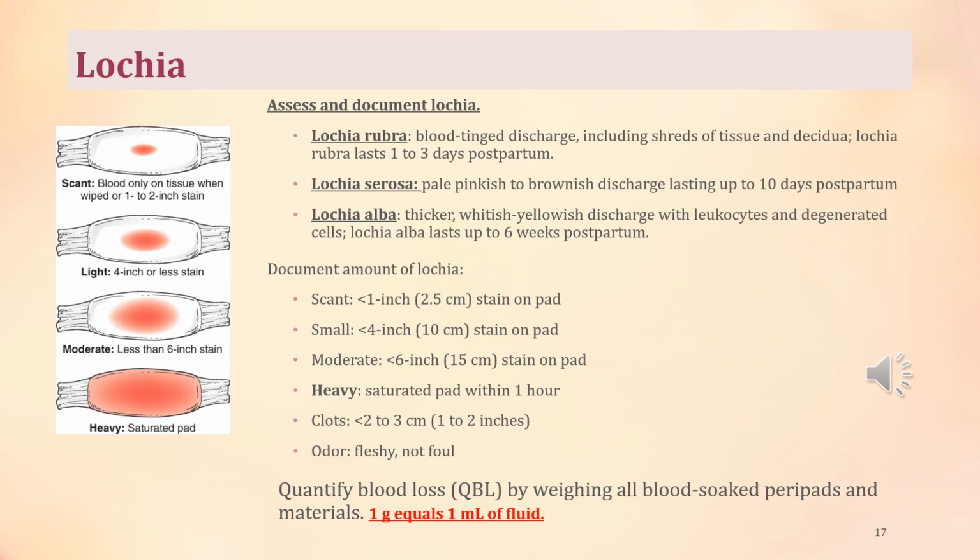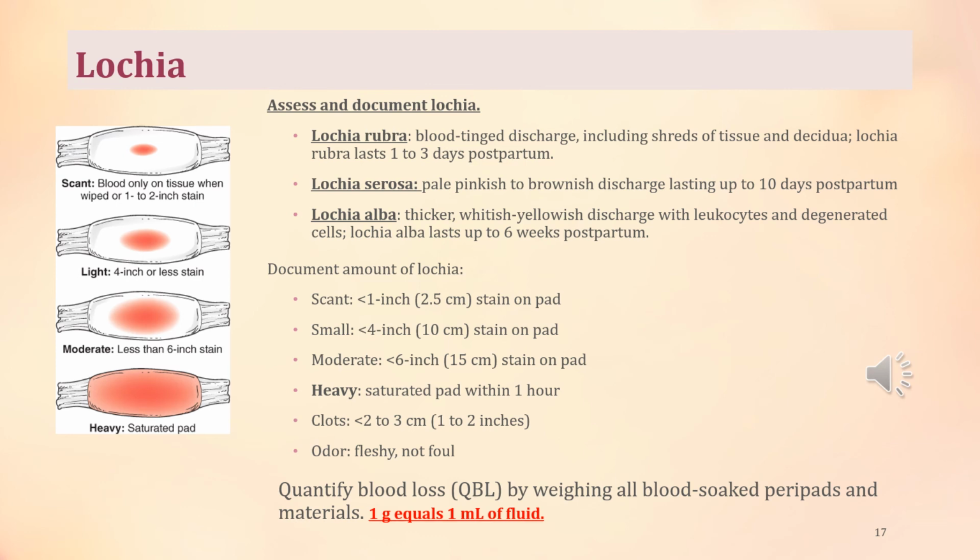rubra red discharge. That's because after the baby's delivered and the placenta's out, the physician will clean out that uterus with some saline, so you'll have a lot of that come back out. Typically, while they're still in the C-section room, some discharge or uterine massage will be done to make sure that all those clots and everything are out.